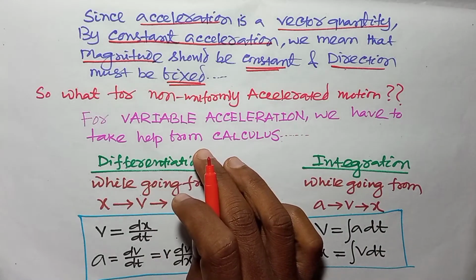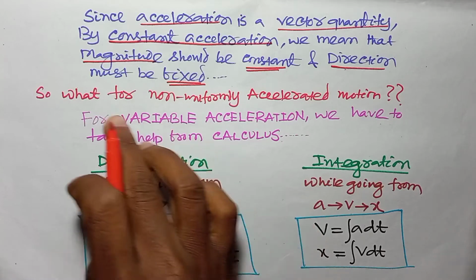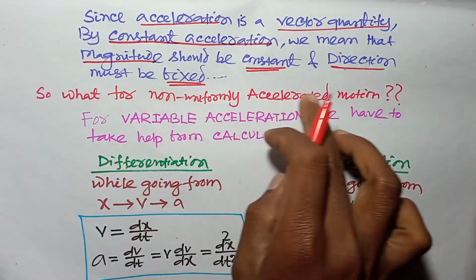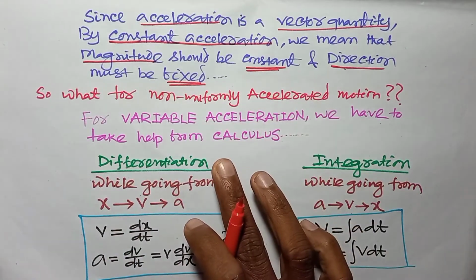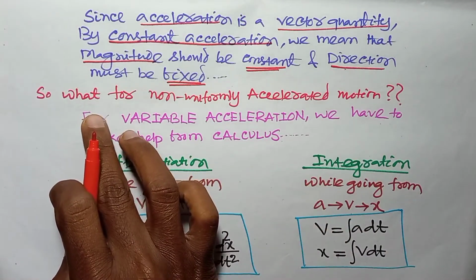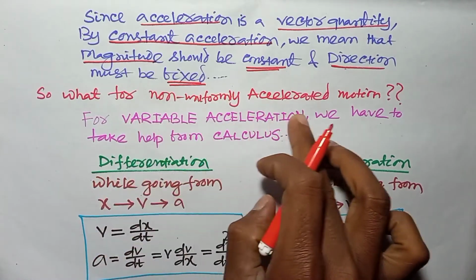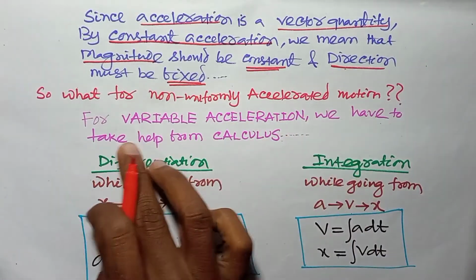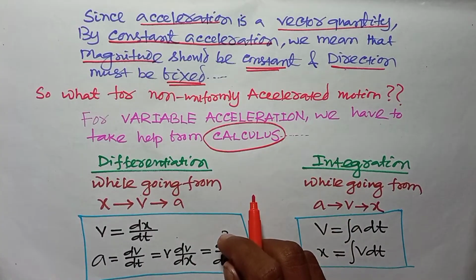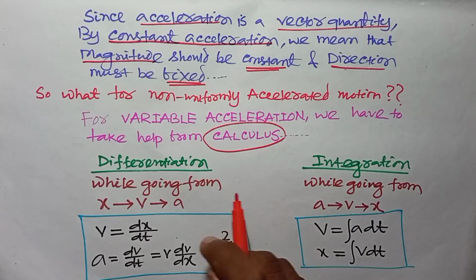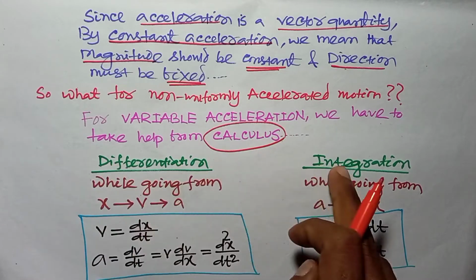An immediate question arises: what should we do for non-uniformly accelerated motion? For non-uniformly accelerated motion, or variable acceleration, we have to take help from calculus, that means differentiation and integration.